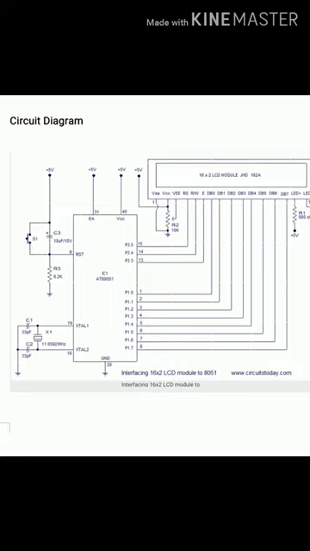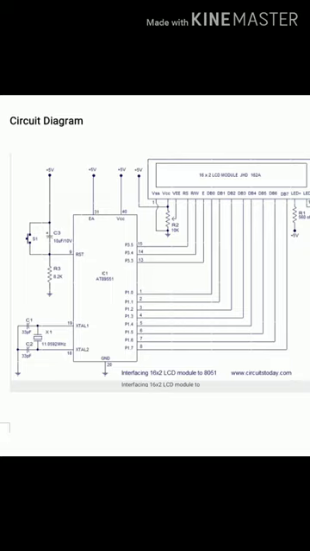If the P3.5 pin is 1, means you are sending logic high into the RS pin. In this case, the data which is sent from port 1 is nothing but a display data.